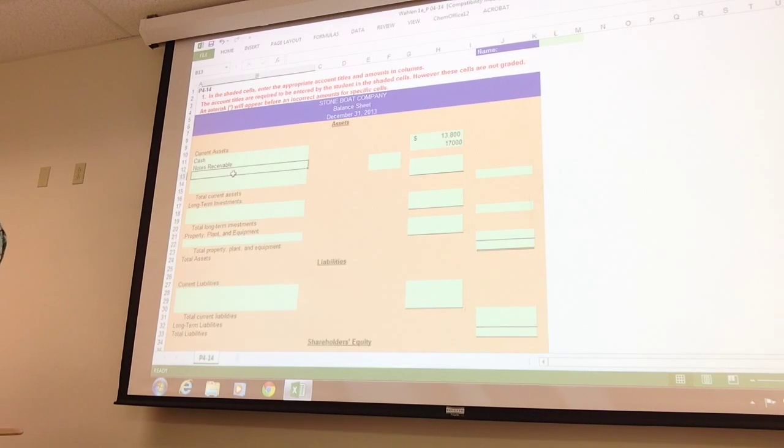Then it has accounts receivable of $37,100, and its related allowance for doubtful accounts, which has $1,800.